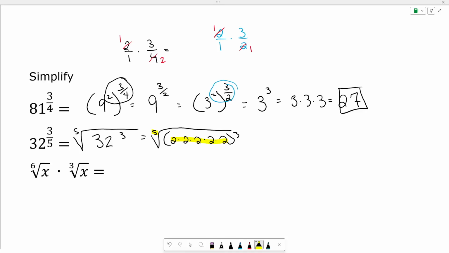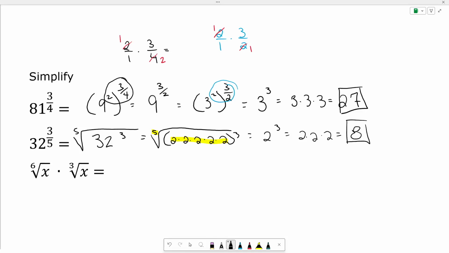So I now have 2 to the 3rd power, which is 2 times 2 times 2, or 8. And this is a grand method as long as you don't have a whole great big bunch of stuff. The larger the numbers, the worse that method goes to use, and it's better to use like we did on the first example.